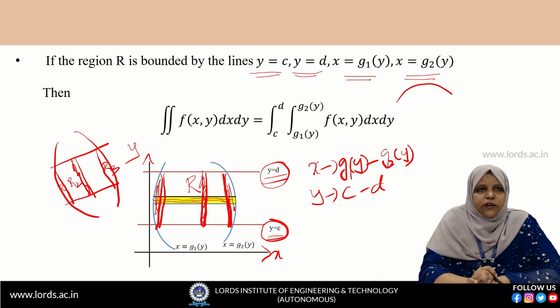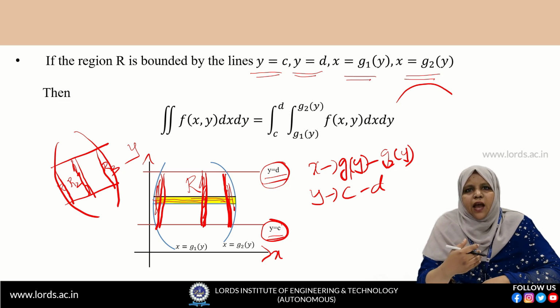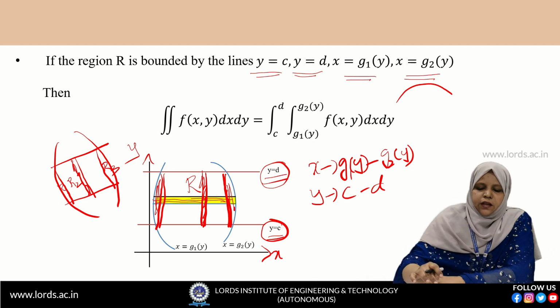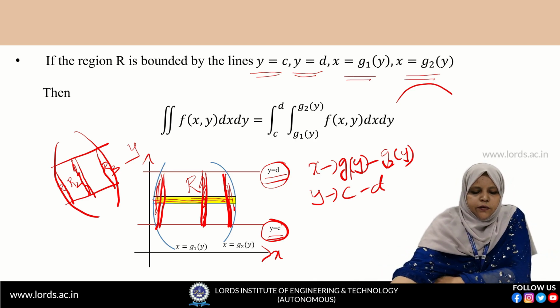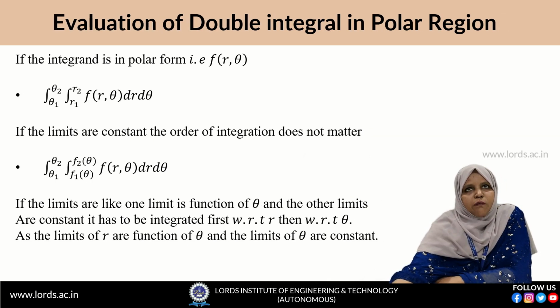So instead of dividing the region into 3 parts and evaluating the double integral in these 3 parts, we can consider one single horizontal strip and we can find out the integral over the whole region R. Okay. So this was the function of a Cartesian form f of x comma y.